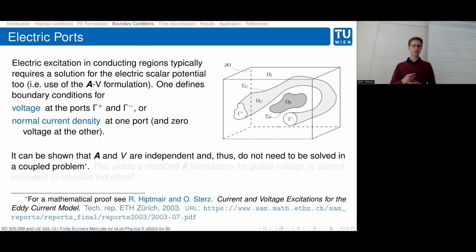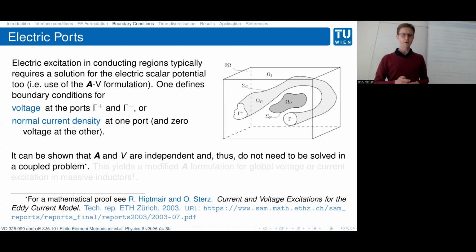And now it can be shown that we don't need to do a full AV formulation where we also have voltage degrees of freedom for every point in the conductive regions, but that this can be computed separately. So there's a mathematical proof on this by Hiptmeyer and Sterz.